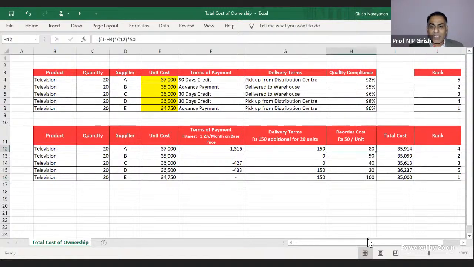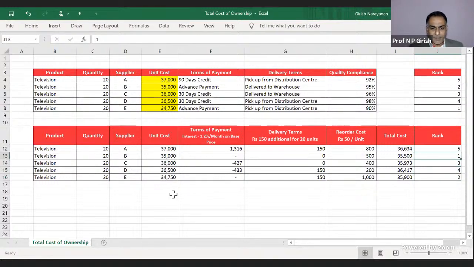Absolutely. If I make it bigger, instead of 50, I make it something like 500. See, now the ranking became 1, 2, 15, 3, and 5.